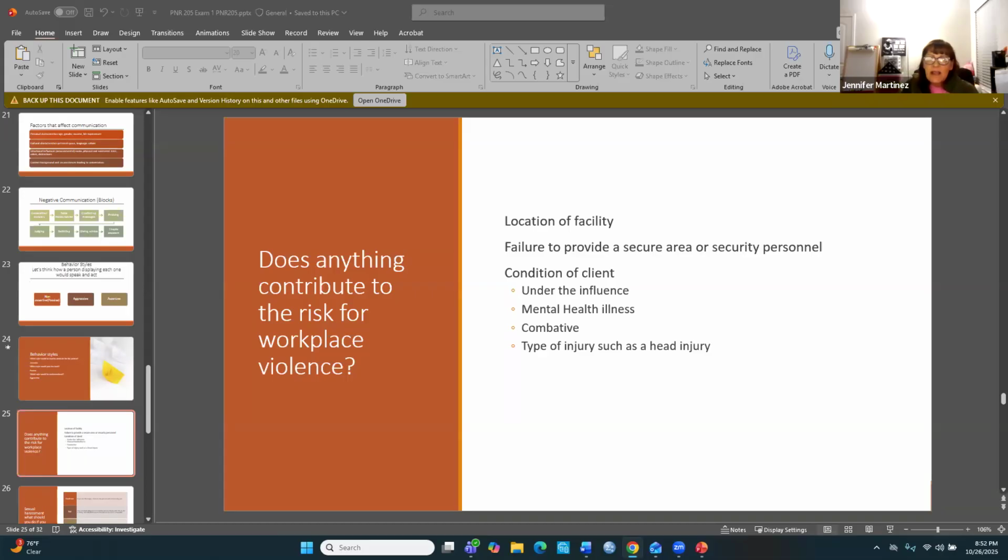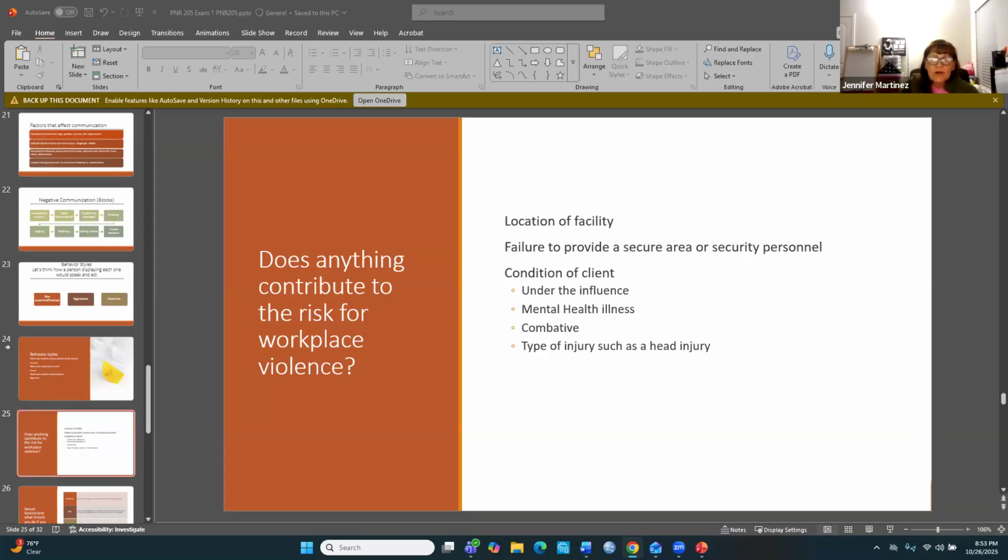Is it in a high crime area? That would be one of the risks. I'm trying to think of some of the others. If they don't have a secure area or even security personnel present, and then the condition of the client would increase the risk for workplace violence.